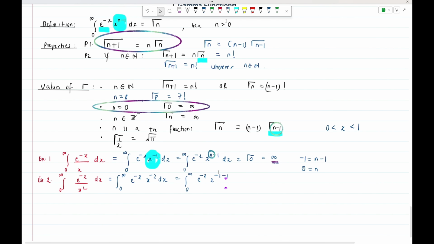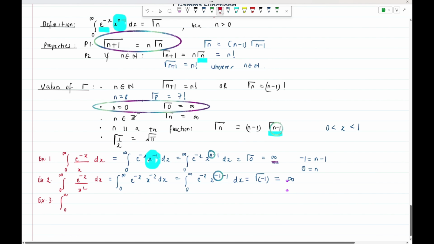The value of n in this case is negative 1. So the value of this improper integral is going to be gamma of negative 1. We have seen that if n is a negative integer, then gamma of negative n is equal to infinity.